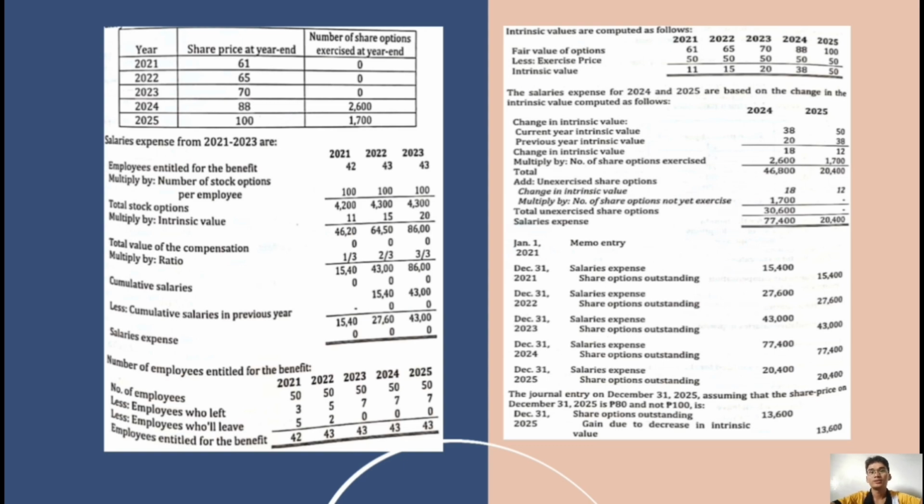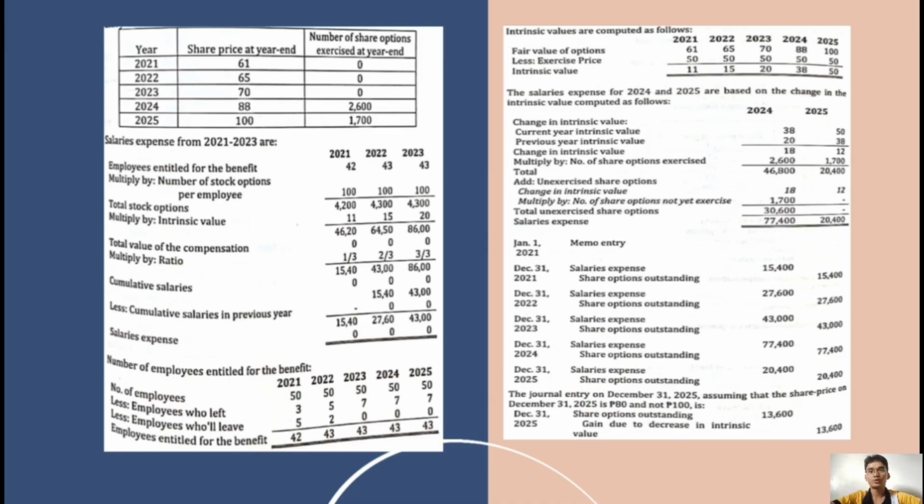And in 2025, the change in intrinsic value is 12, multiplied by the number of share options exercised, which is 1,700, equals 20,400.